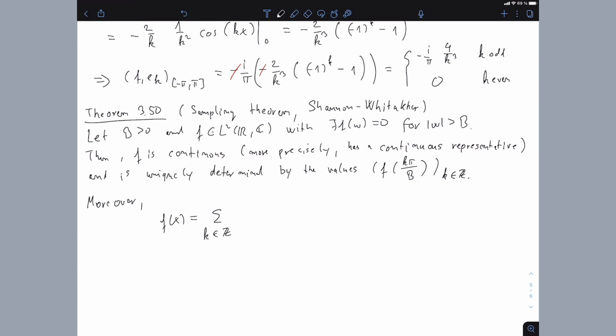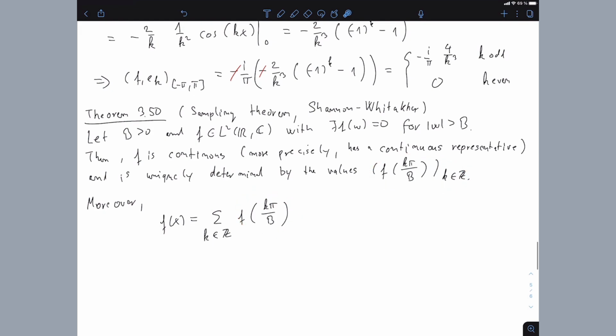So it's the series over all k in Z, f of k pi divided by b. These are the values that I claimed uniquely determine f.